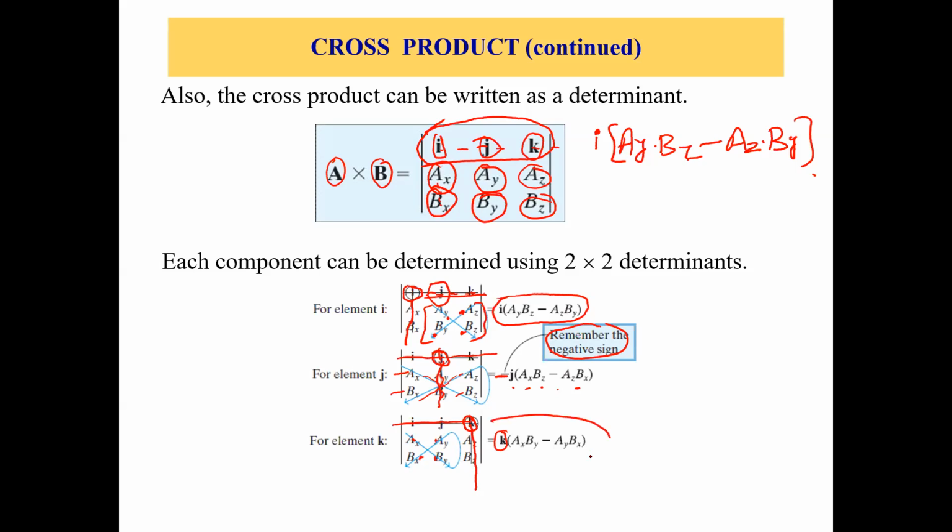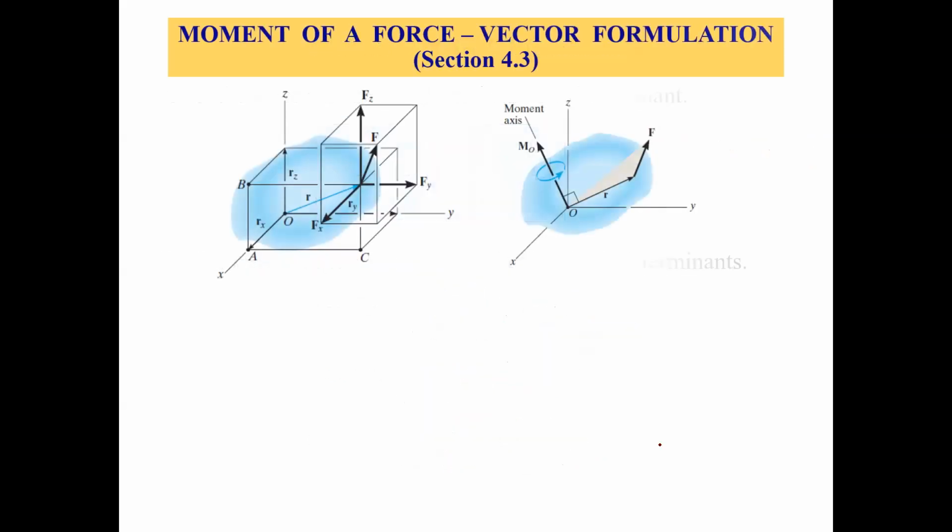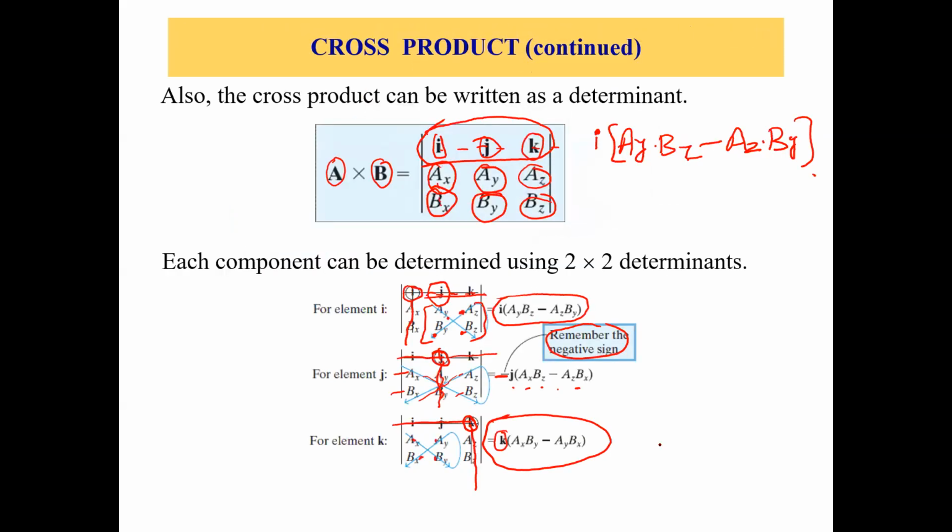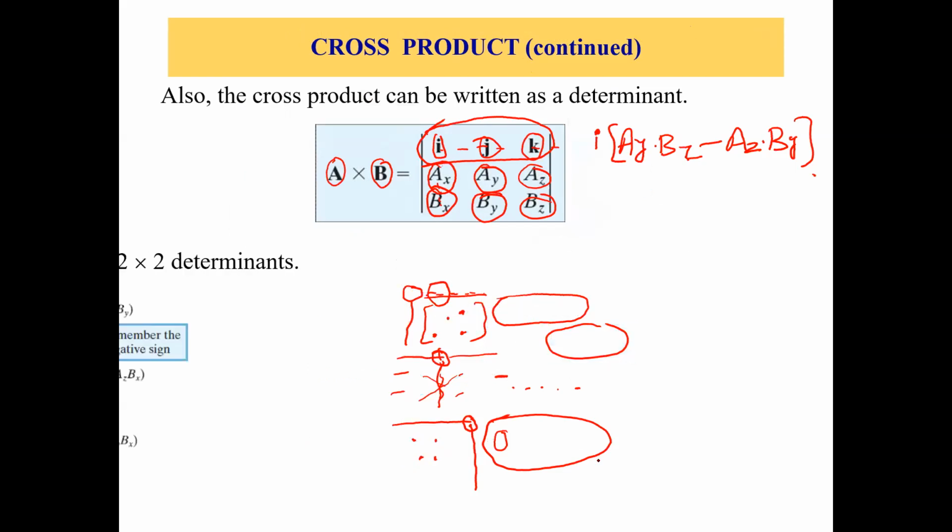That's how you get the third component of this 3x3 determinant. Just add them up and you get the cross product. All right, now let's move forward.